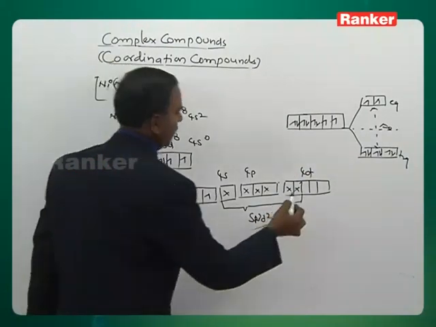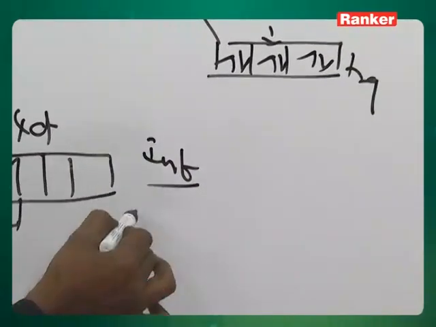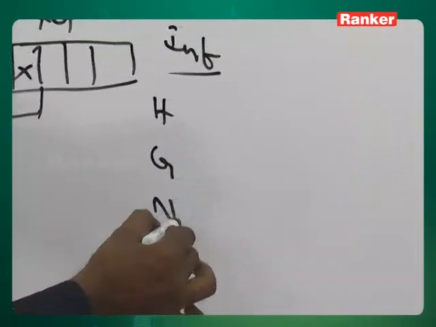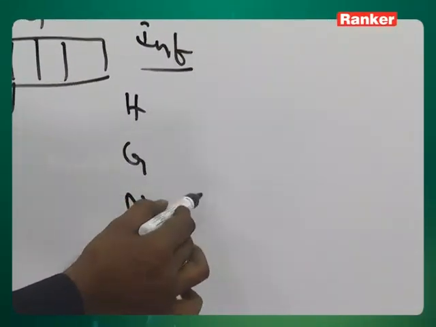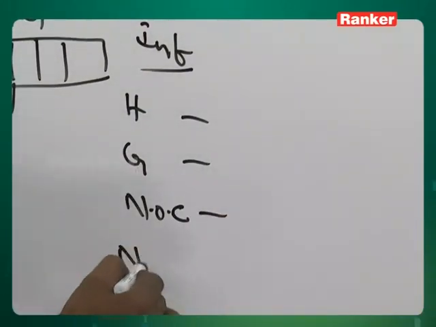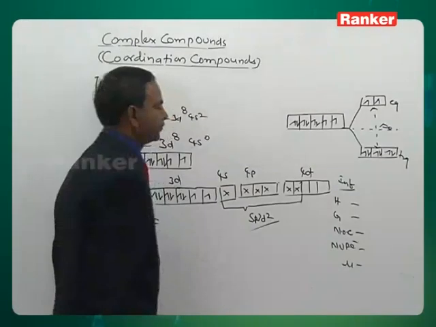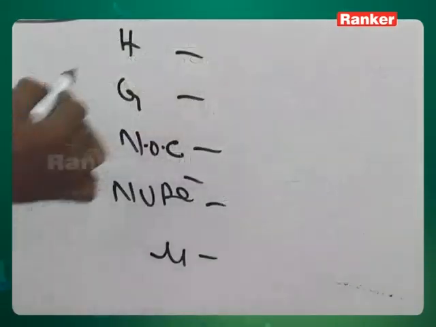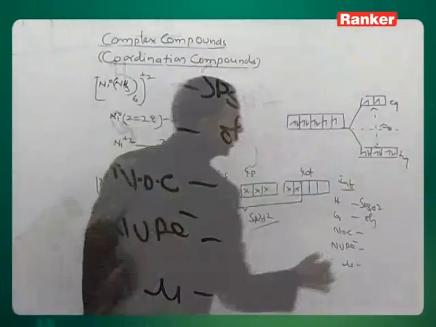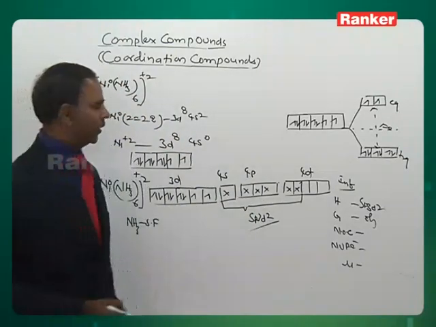Now let us write information about this particular complex: hybridization, geometry, nature of the complex, number of unpaired electrons and magnetic moment. Hybridization is sp3d2. Geometry: since the coordination number is 6, the geometry is octahedral.